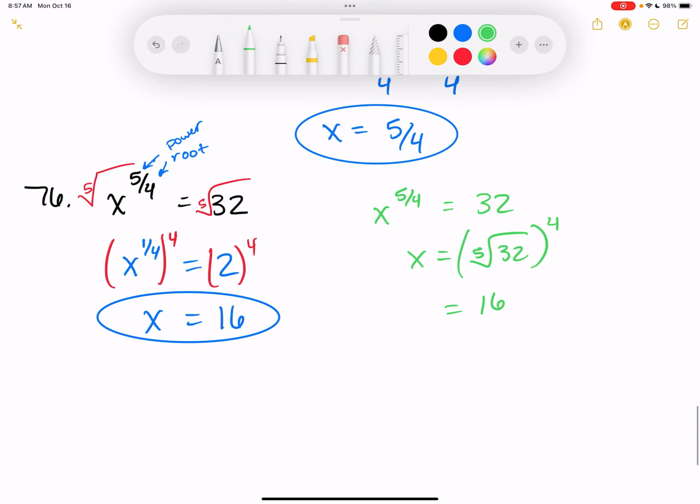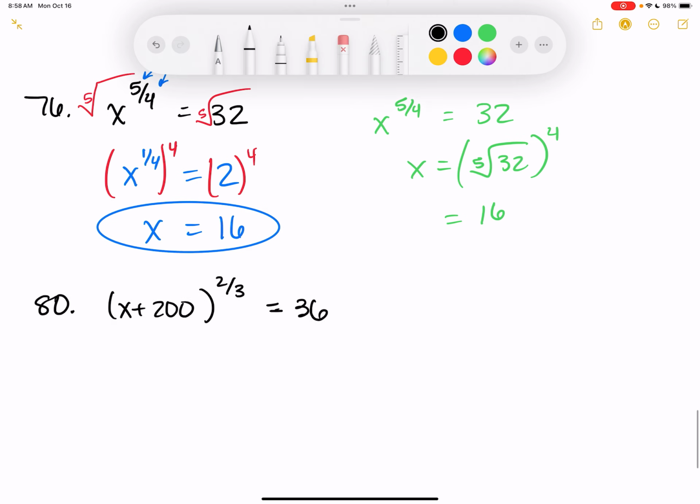Let's look at 80 really fast, and that'll be our last one. x plus 200 raised to the 2/3 is equal to 36. So what should I do first in this one?